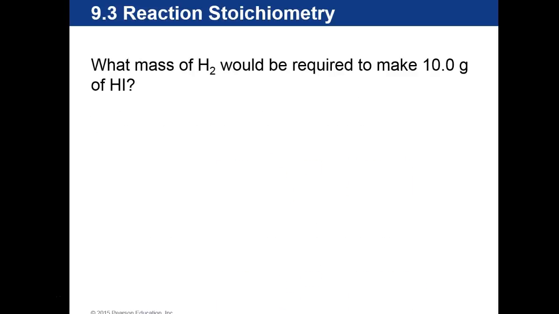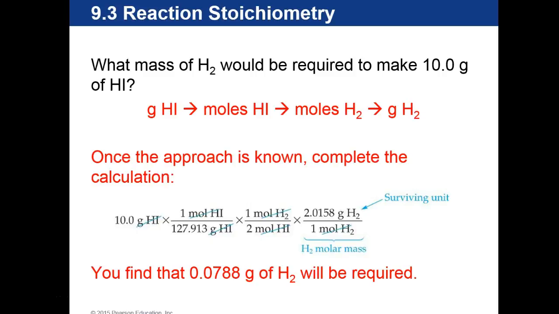So what would the mass of H2 be required to make 10 grams of HI? So grams of HI to moles of HI to moles of H2 to grams of H2. Here are the conversion factors that you would use. So if you need 10 grams of HI, we know that 1 mole of HI is 127.913 grams.